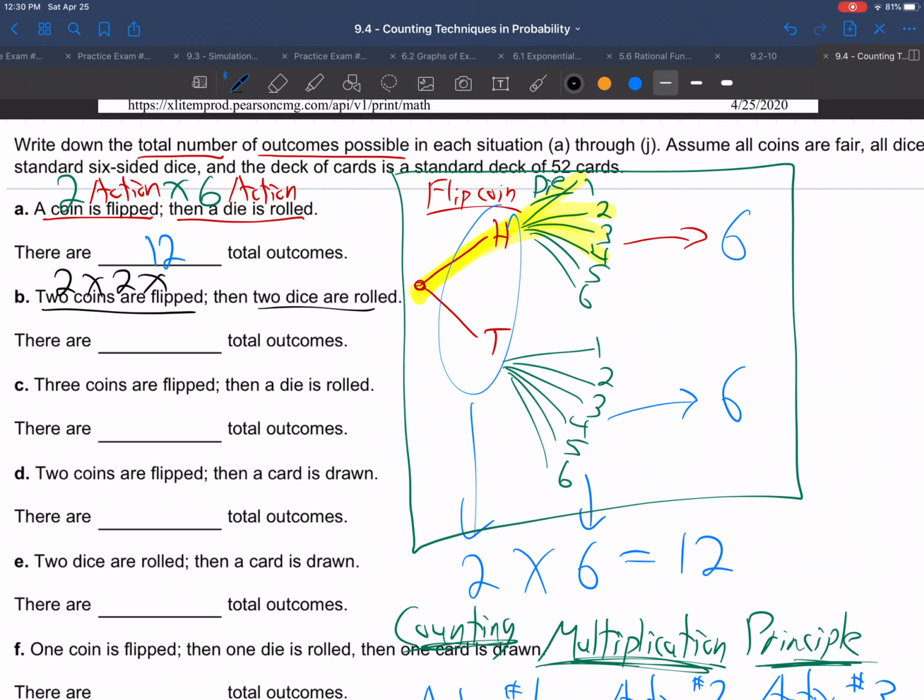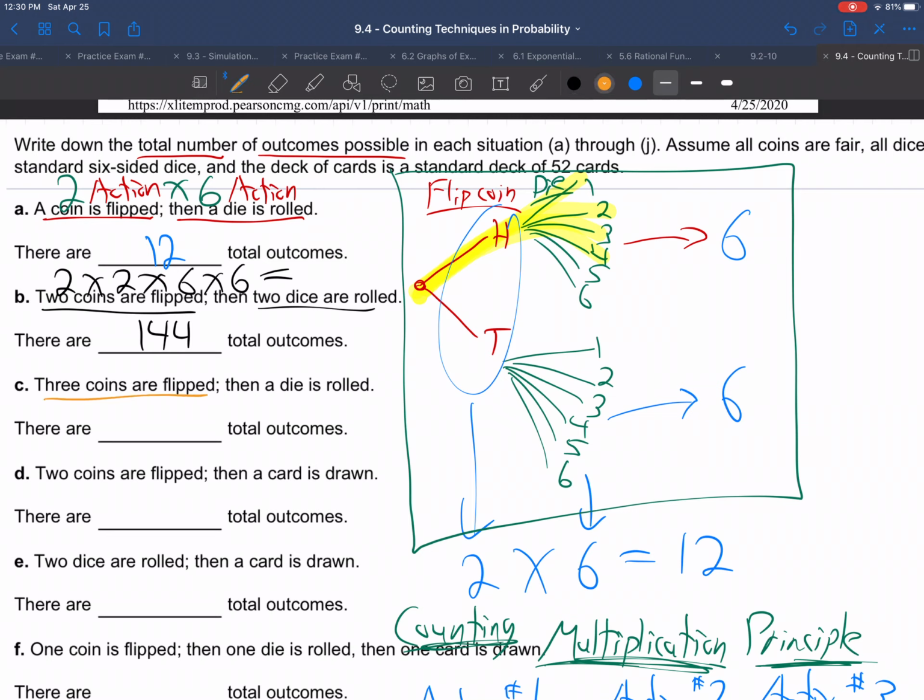And then 2 dice are rolled, 6 possibilities and 6 possibilities. That's 4 actions, isn't it? Flip a coin, flip a coin, roll a die, roll a die, and you just multiply those all together. I'm not going to show the tree, it would be huge. If you multiply all those together on your calculator, you get 144.